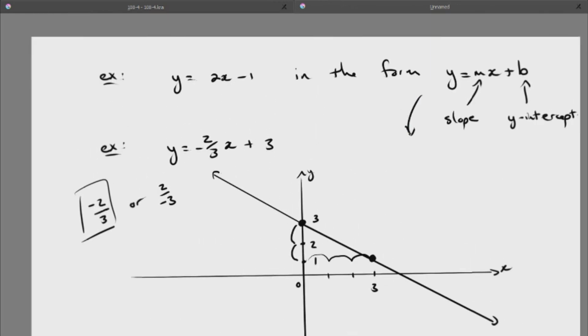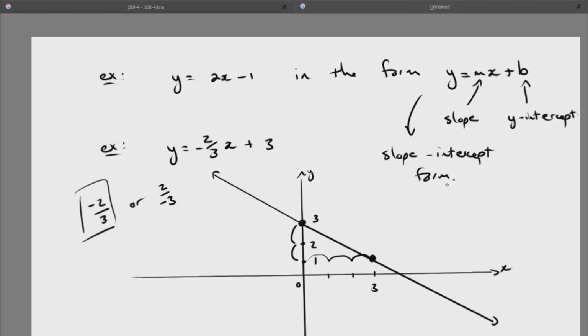This is going to happen all the time, so you're just going to have to remind me. This y equals mx plus b form, because I have the slope and the y-intercept, it's called the slope intercept form.